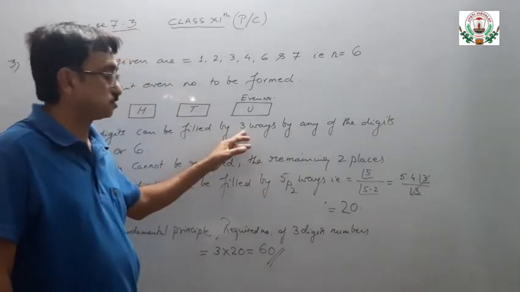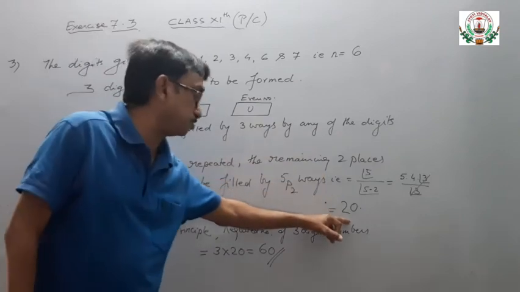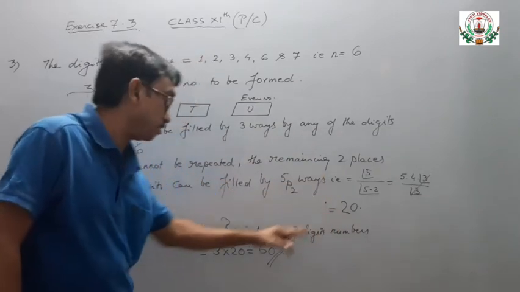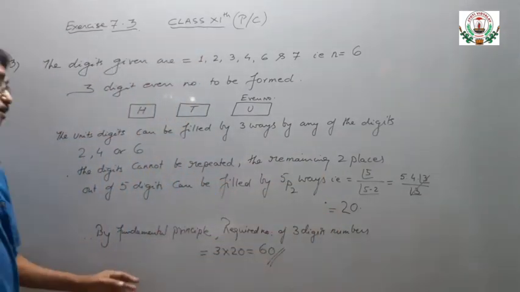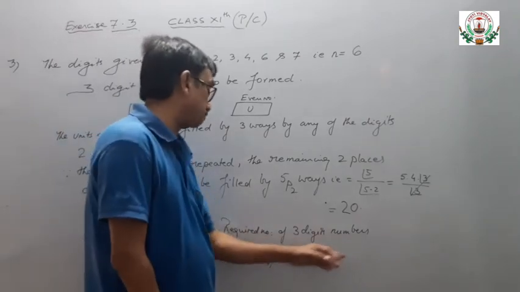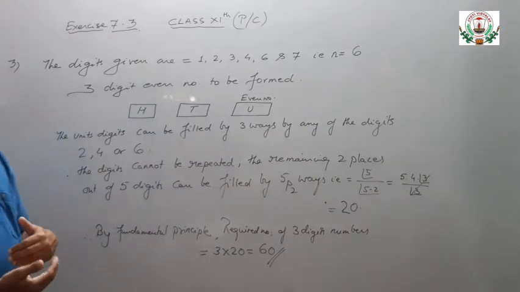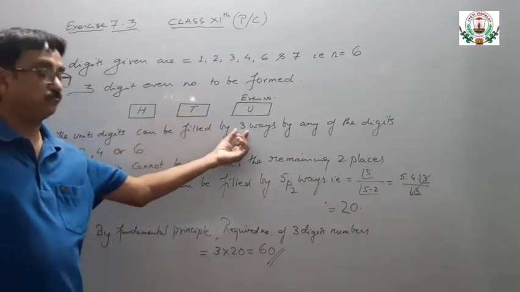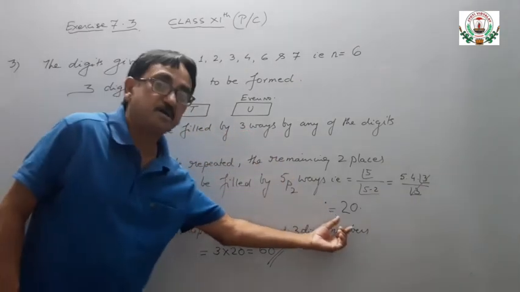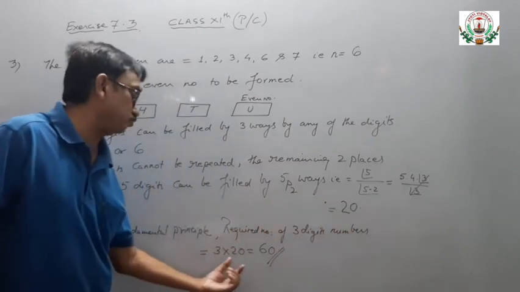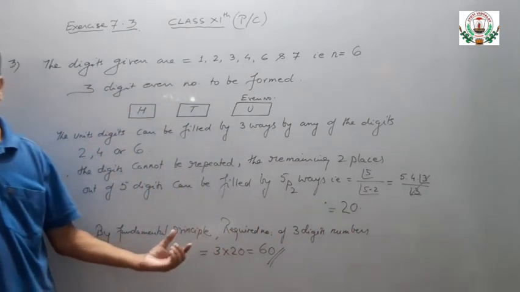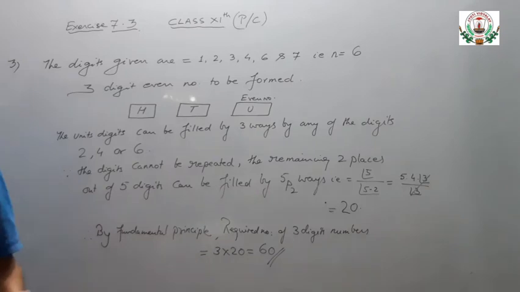So the first work is done in 3 ways, the second work is done in 20 ways. So by the fundamental principle, the required number of 3-digit numbers is 3 into 20, the number of ways of the first work and the number of ways of the second work. So 3 into 20 is equal to 60. Okay?